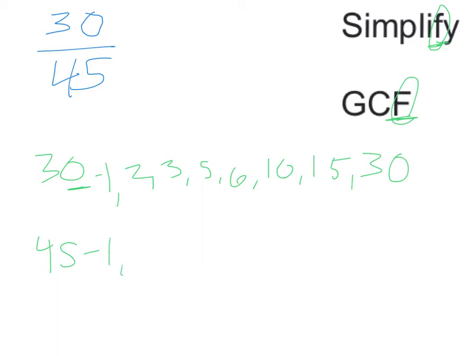1 and 45, obviously. I know 2 can't go into it because it's not an even number. To check if 3 goes into it, I'll add up these digits, which will give me 9, so I know that it will go into it. So 3, and then I can count by 3.